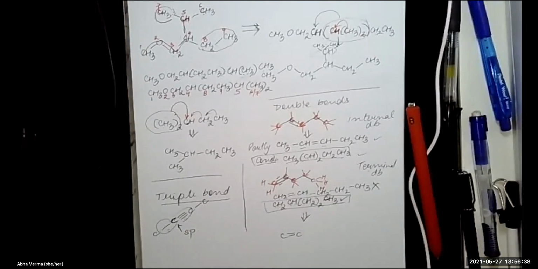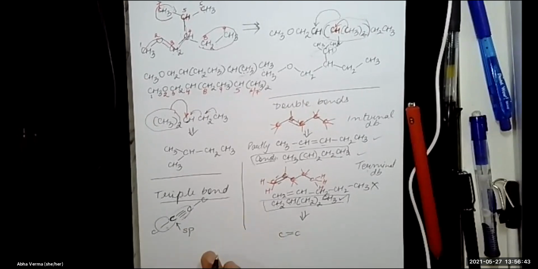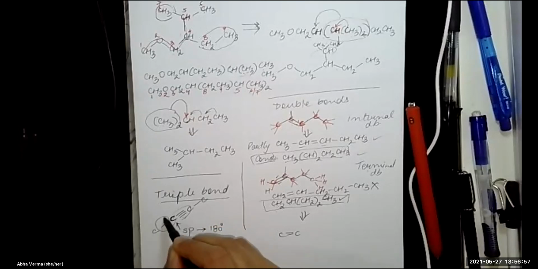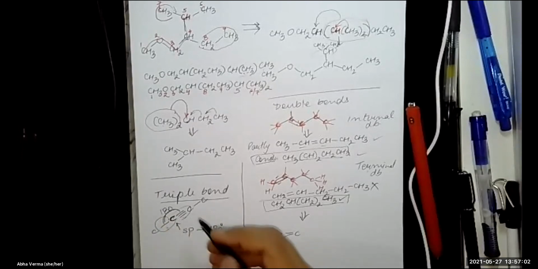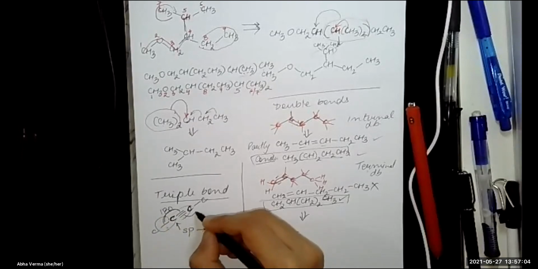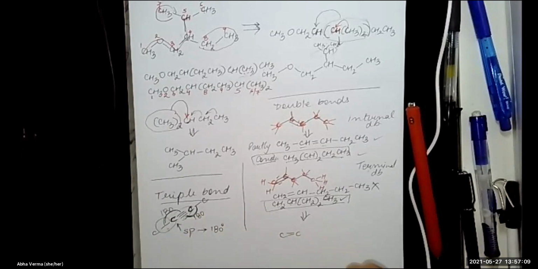Any questions on this? I hope not. But if you still have questions, this is a good time. What is the bond angle associated with the sp hybridization? 180. 180, very good. Since it is 180, you have to show it in the linear manner. Similarly, this carbon will have a 180-degree angle.